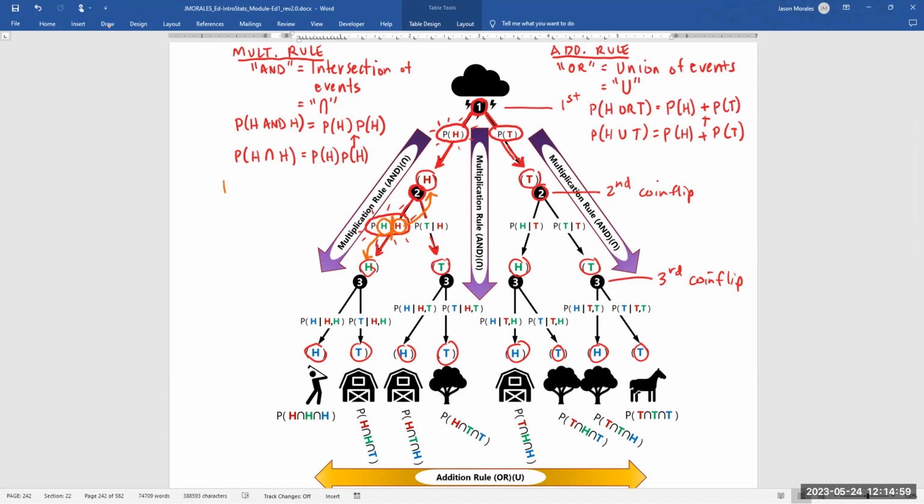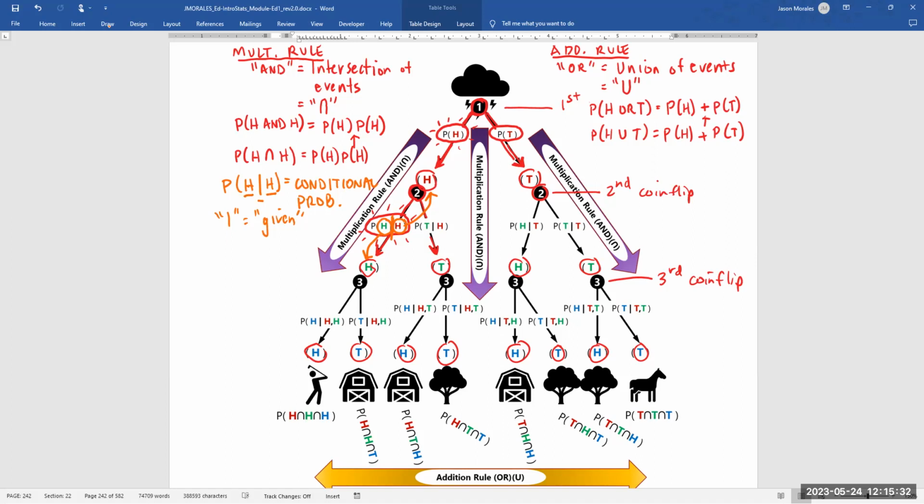And so whenever you see the probability of two events separated by a vertical bar, that is what's called conditional probability. And that vertical bar between the events is the word given. So the probability of heads given heads has already occurred.